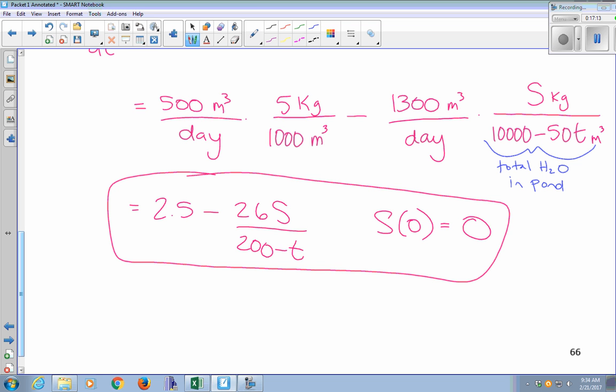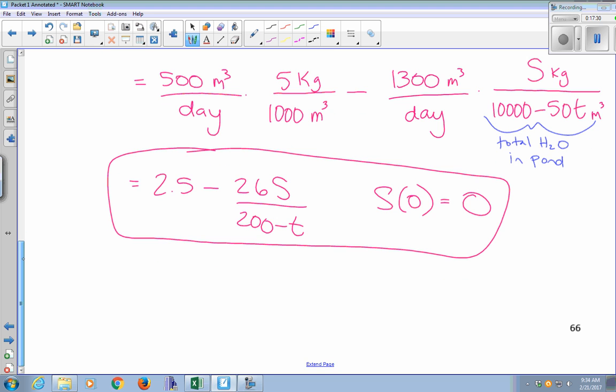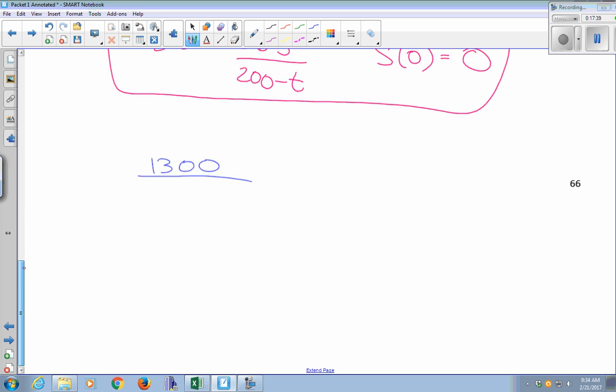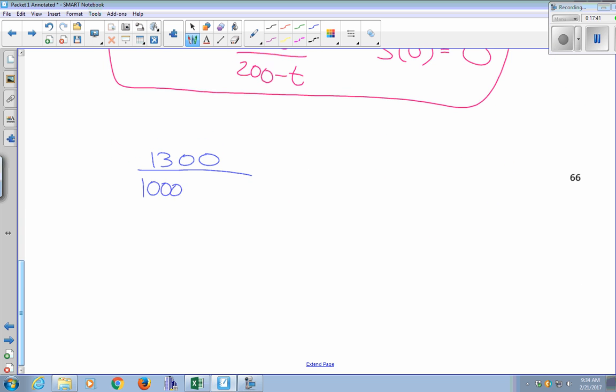So I did the multiplication. So I had 1,300 over 10,000 minus 50T, and then I just reduced the fraction. This is funny that you're all asking me this arithmetic question. So in the denominator, I factored out a 50.